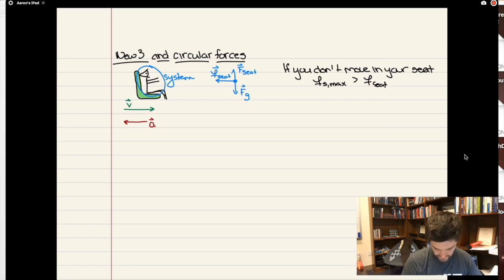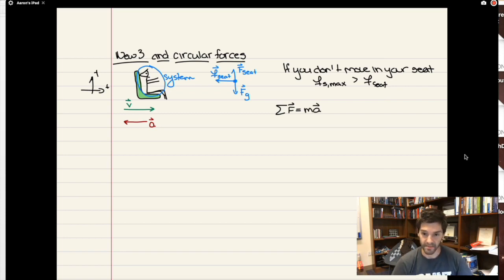All right, so given this force diagram, I will define up and to the right as positive. Sum of the forces on me equals my mass times my acceleration.